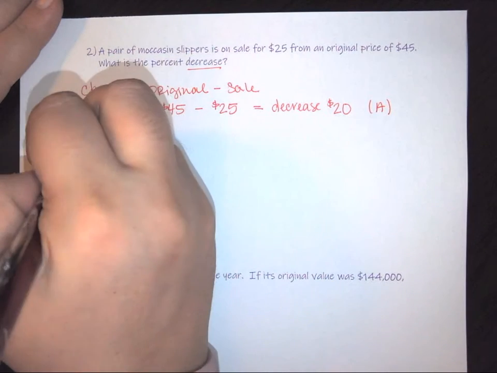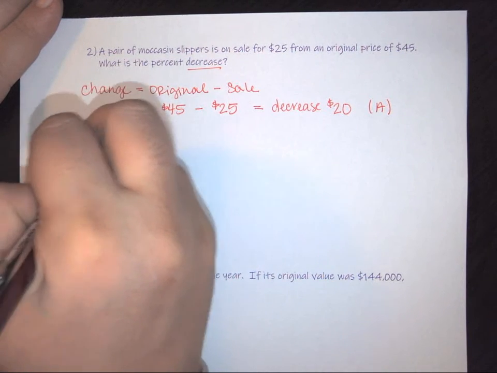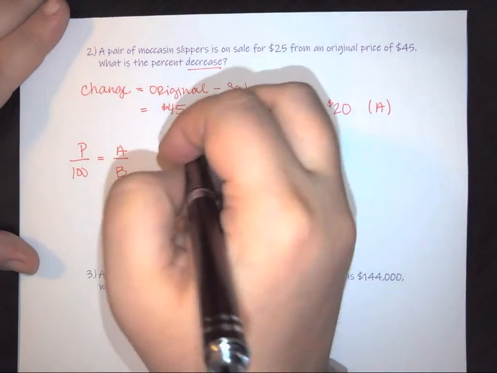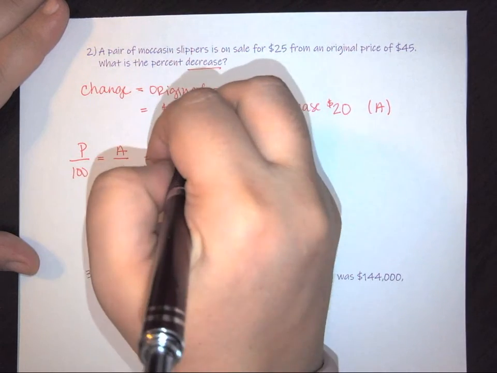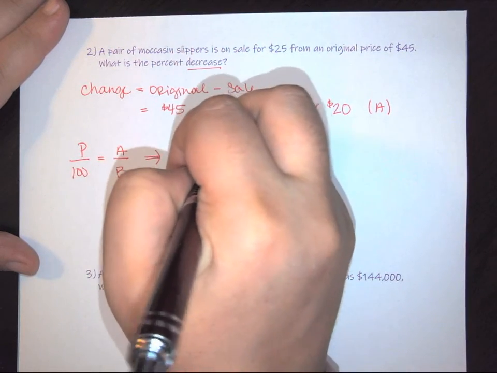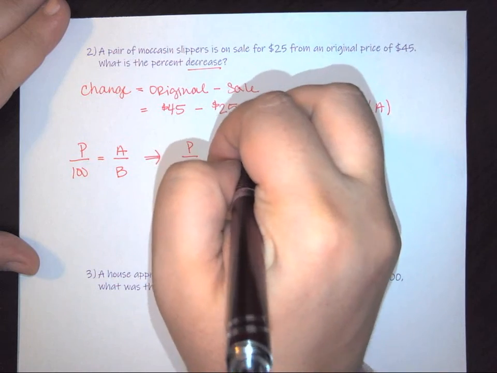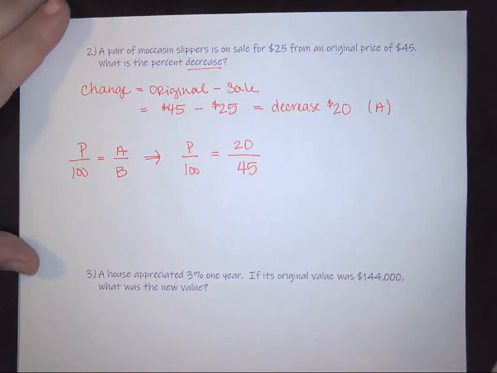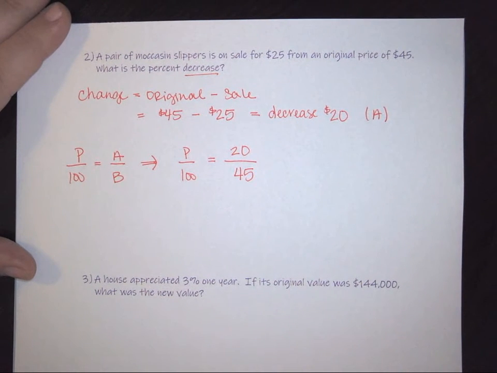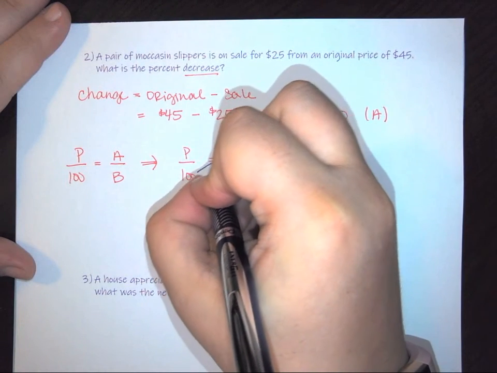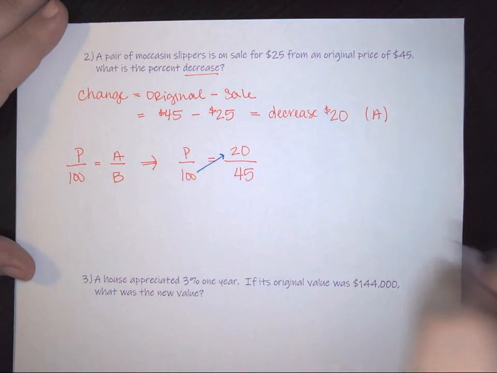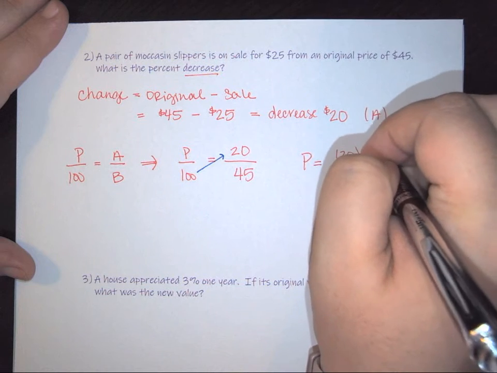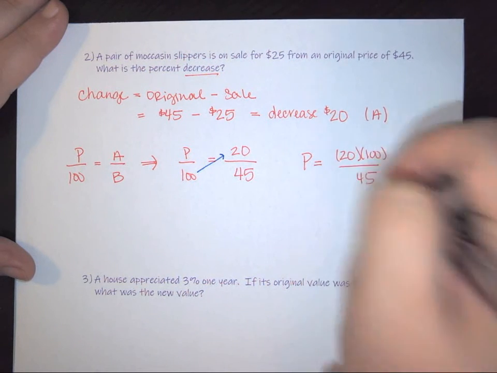Now for this one, we can still again use P over 100 is equal to A over B. So P over 100 is going to be my A, which was 20, over my B term, which is still the original amount. So again, just like before, I would go ahead and bring that 100 up. So you end up with P is going to be the 20 times 100 divided by 45.